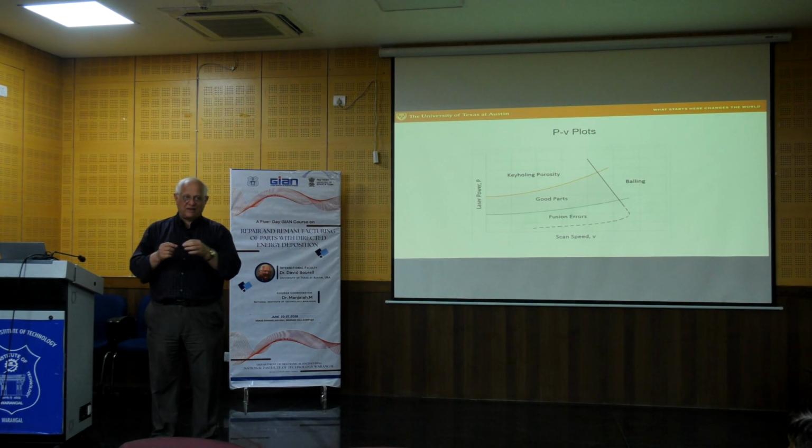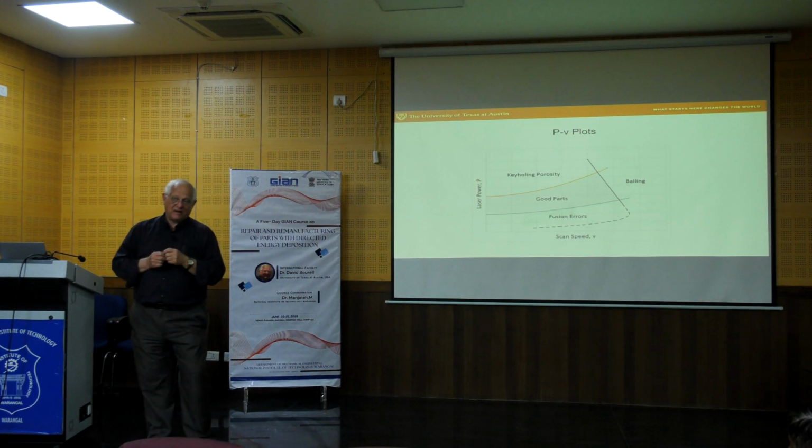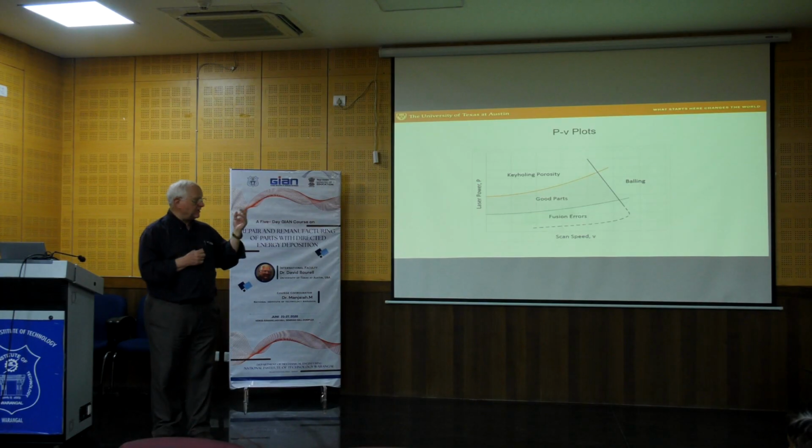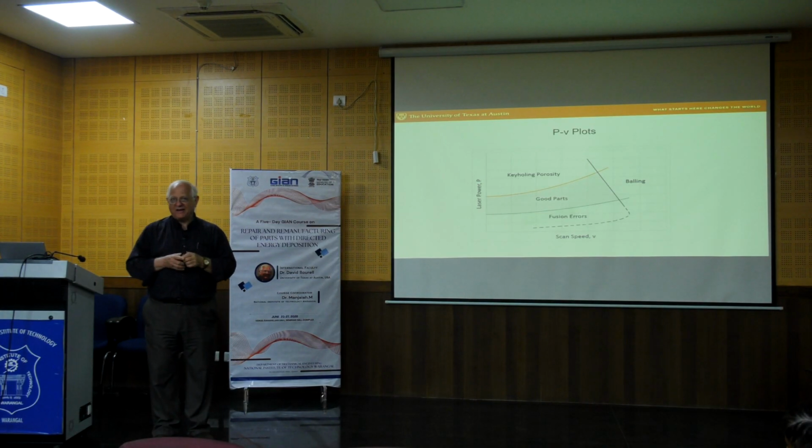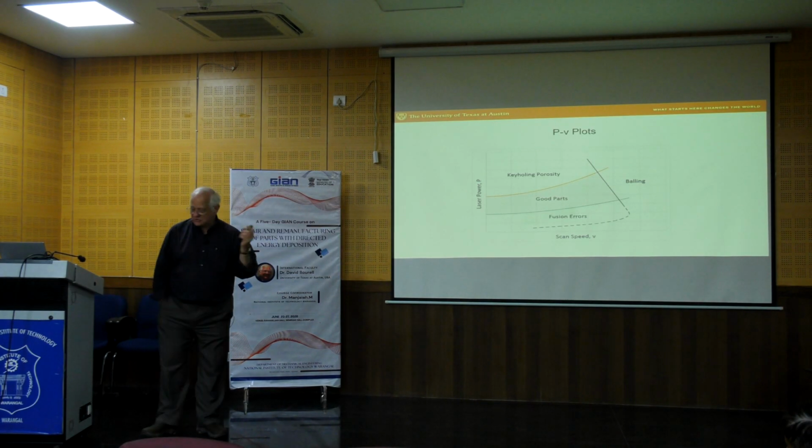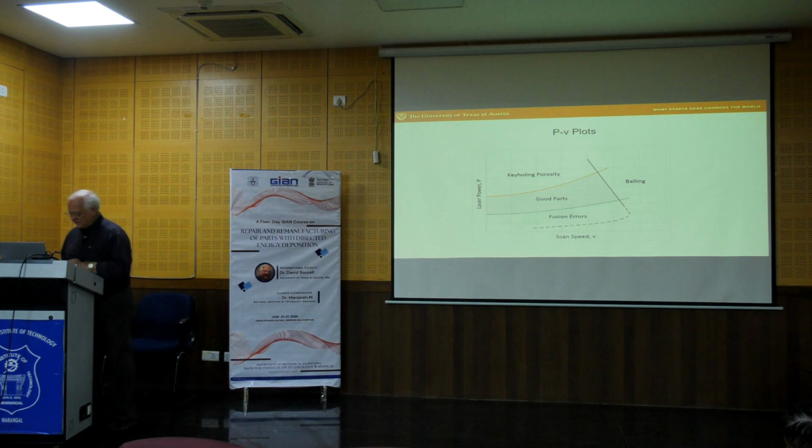We have a thing called Rayleigh instability, which is present in a lot of different areas. But we get Rayleigh instability, and that long stream of liquid metal sort of collapses into little spheres to minimize the surface energy. And so that's what the balling phenomenon is. It ruins the part. And again, we were the first in Texas to observe it and published in 1990.